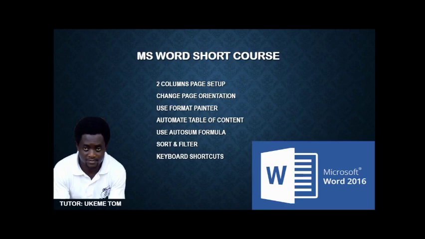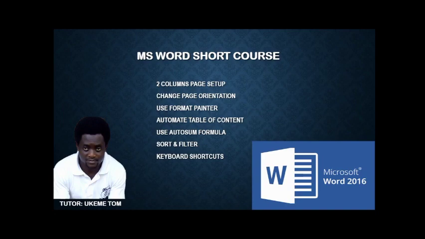And then we are also going to look at how to automate table of contents and how to use the AutoSum formula, which is in Microsoft Excel, how to use it on Microsoft Word. And we are also going to look at how to sort and filter data in MS Word too.